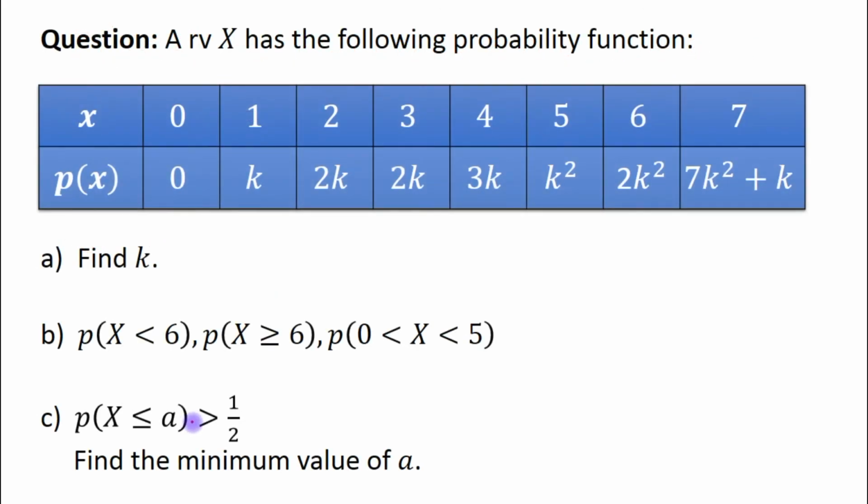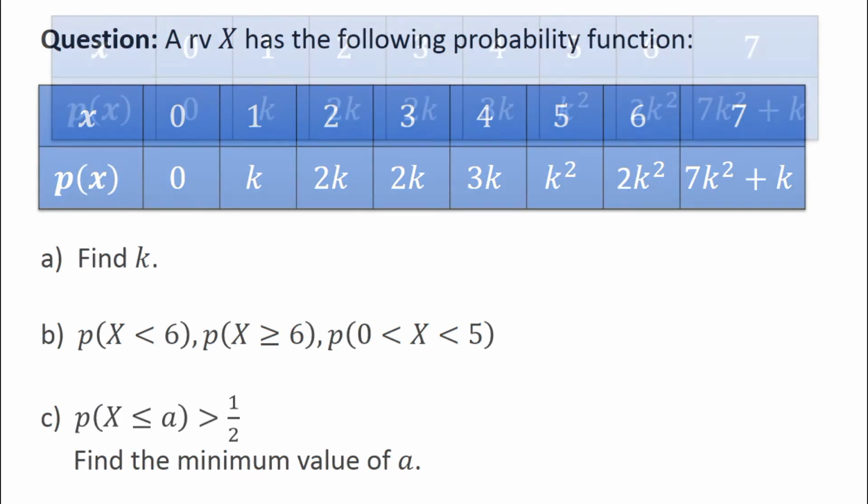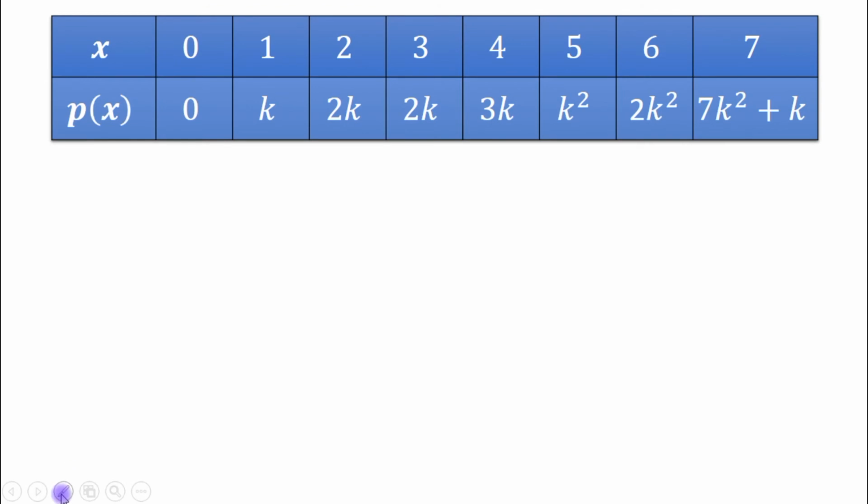Now the last part, that is the c part. We have been given this equation and we need to find the minimum value of a. So let's start the c part. We have been given p(x) less than or equal to a, greater than half, and we need to find the minimum value of a.